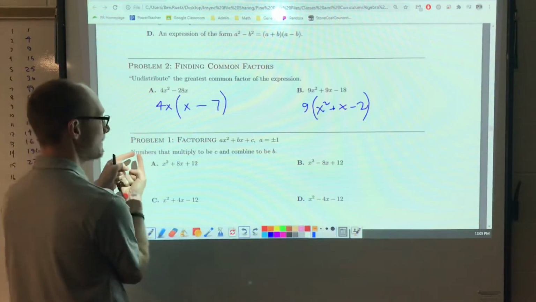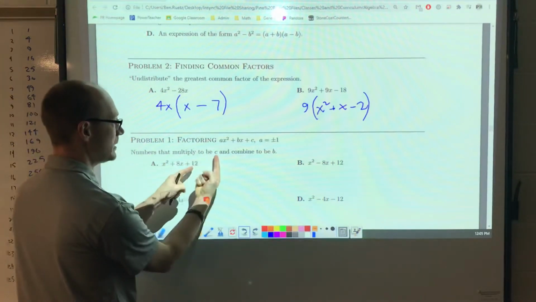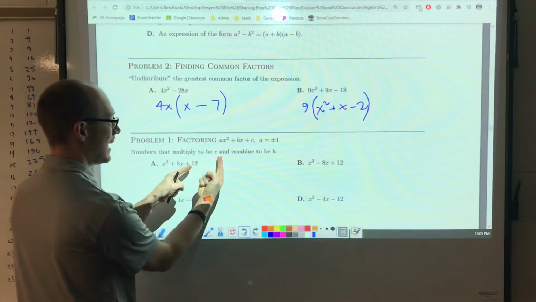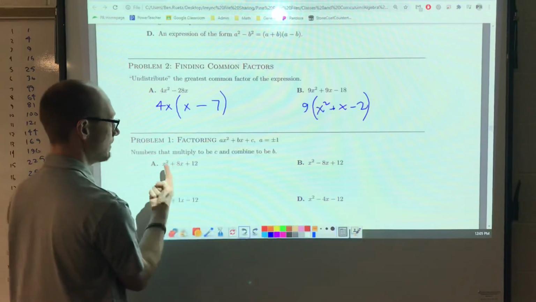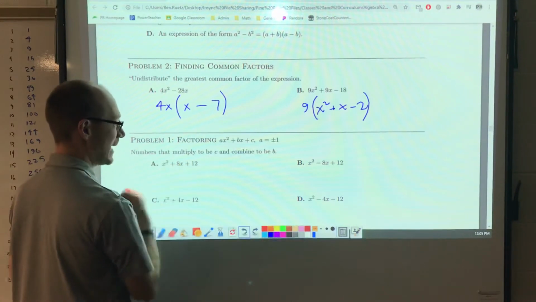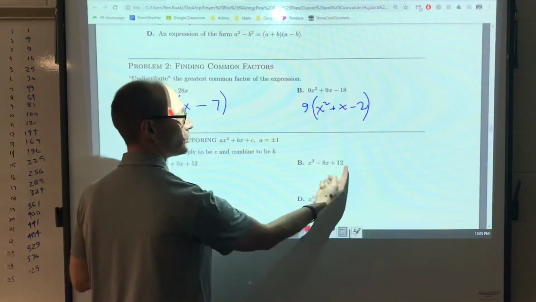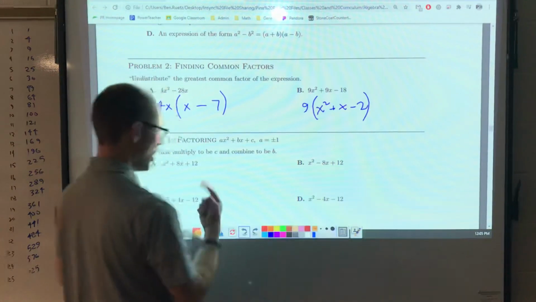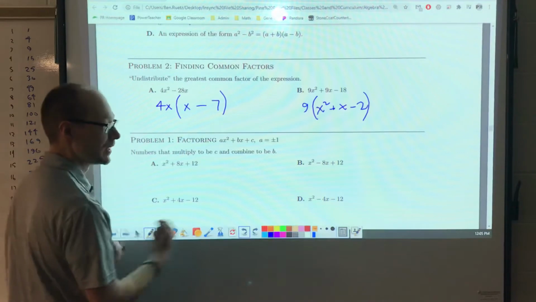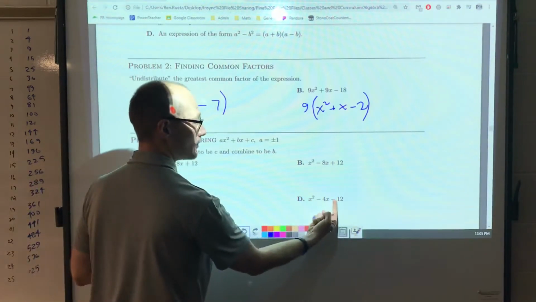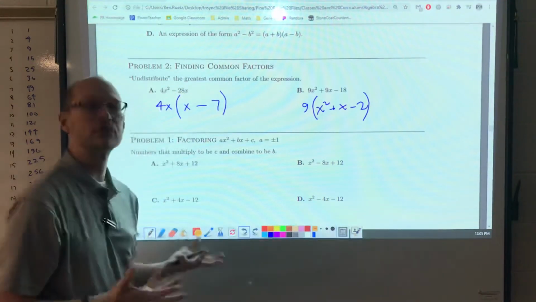You're looking for numbers that multiply to be 12 and add to be 8. Or numbers that multiply to be 12 and add to be negative 8. Or numbers that multiply to be 12 and subtract to be 4. Numbers that multiply to be 12 and subtract to be negative 4. Those are the different things we're looking for.